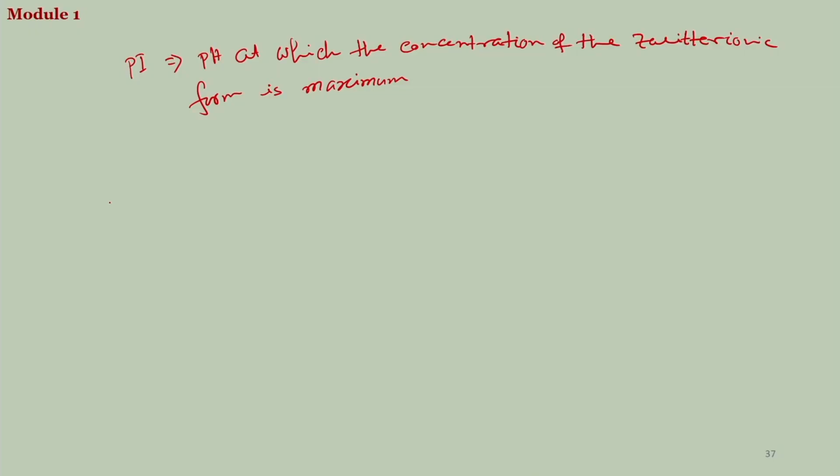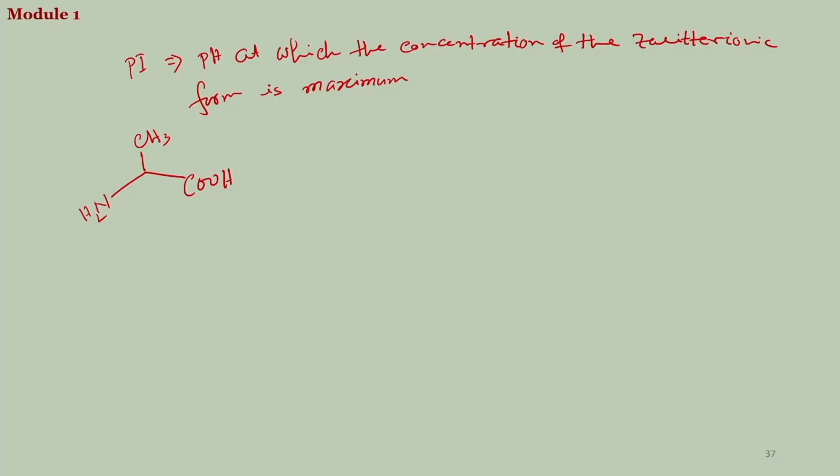So, if you take for example the structure of alanine, alanine has a CH3 here, a carboxylic acid and an amine. So, how would you find out the isoelectric point of an amino acid? I am just taking the example of alanine. Usually it is done by a titration.